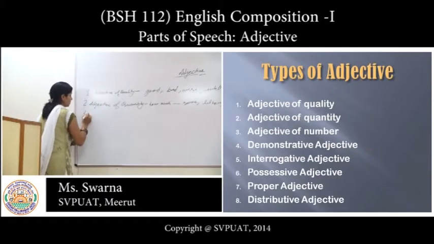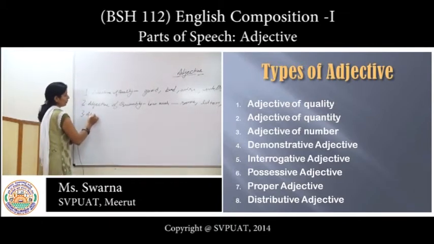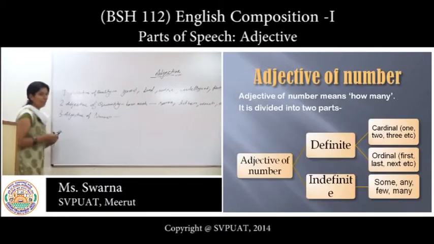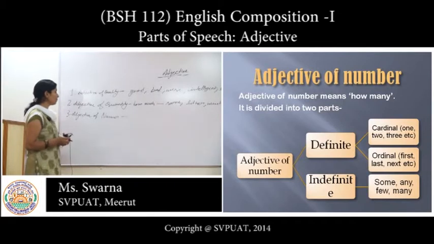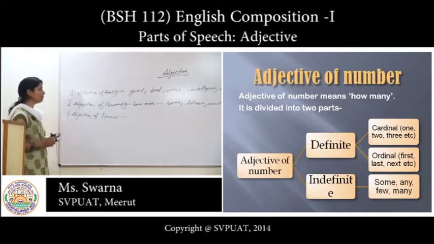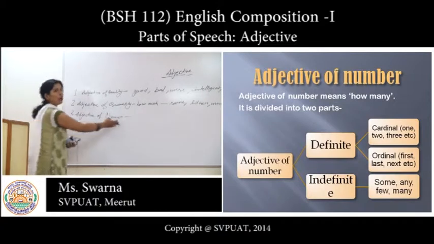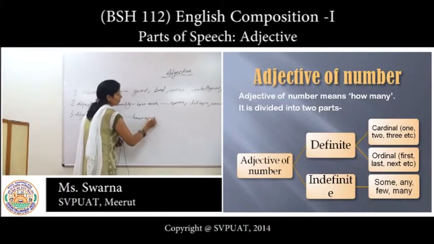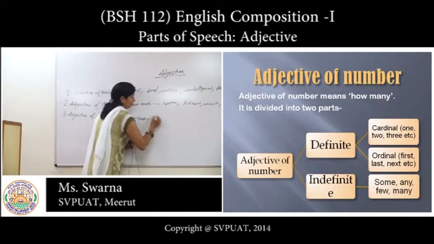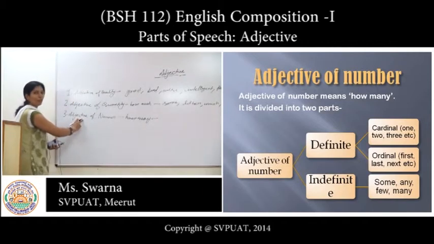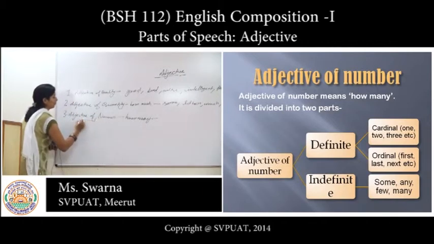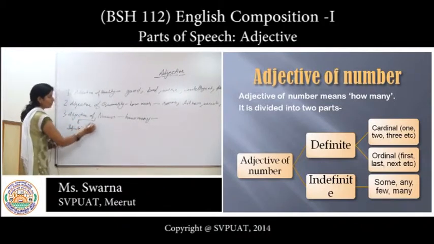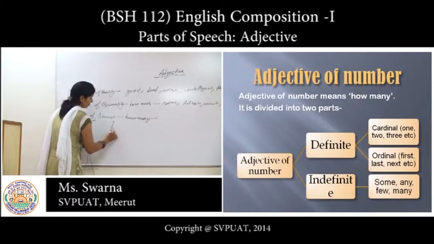And the third type is adjective of number. As you can guess by the name of this type of adjective, adjective of number means the noun or pronoun is countable. It denotes how many the nouns or pronouns are. And this adjective of number is of two types: definite number or indefinite number.